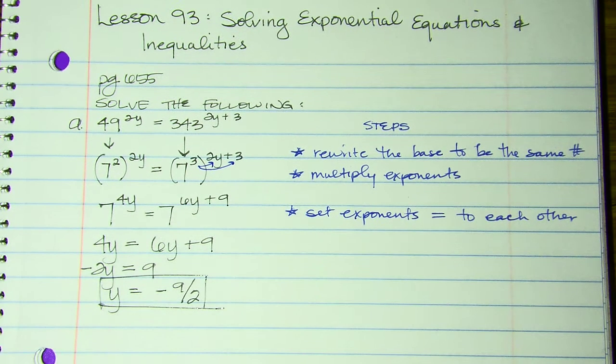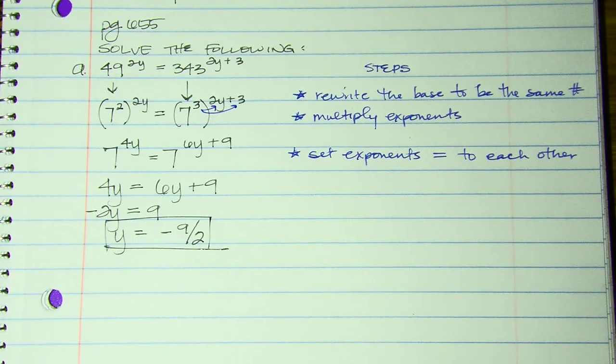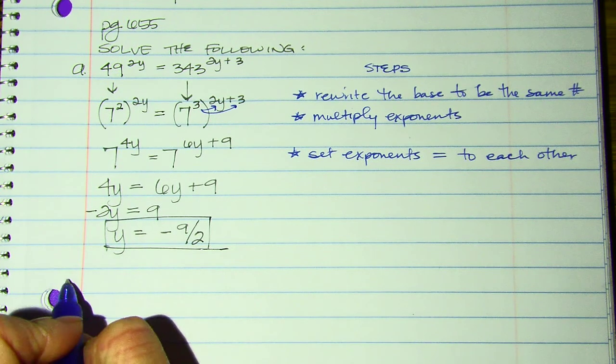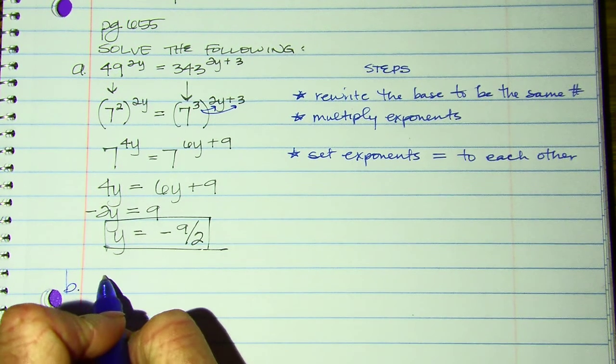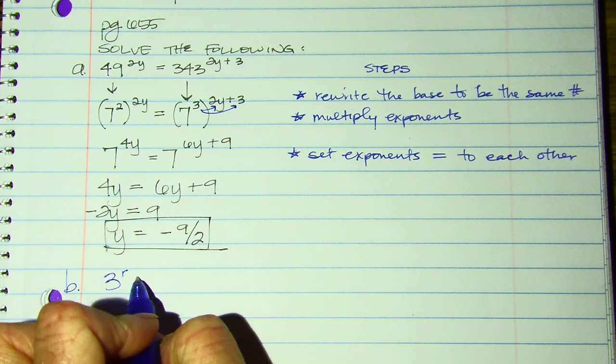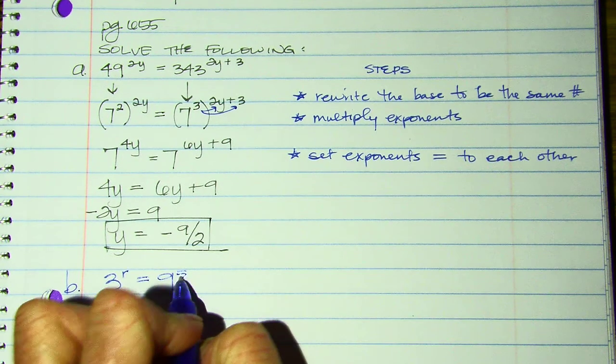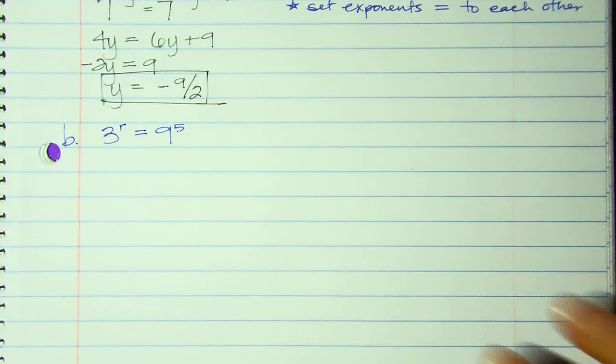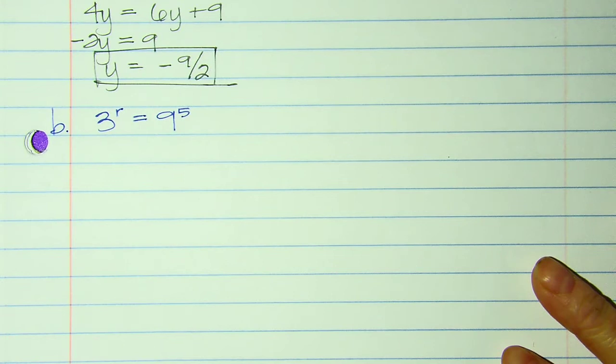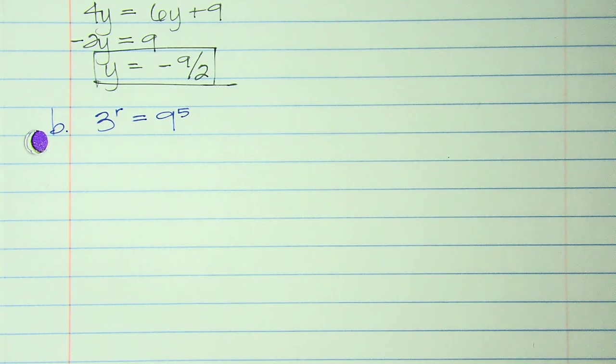All right, so we're going to now use that same theory and same process to do part B. They want us to solve 3 to the r equals 9 to the 5th. It's a very simple one. 3 and 9 are both powers of 3, right?